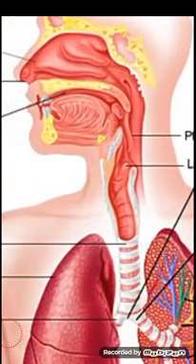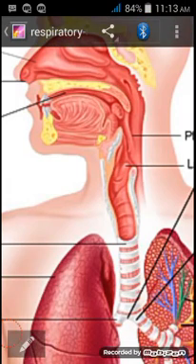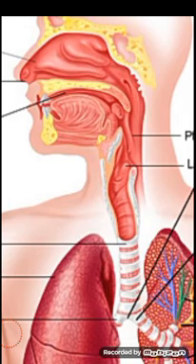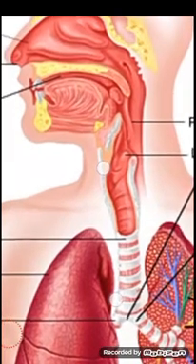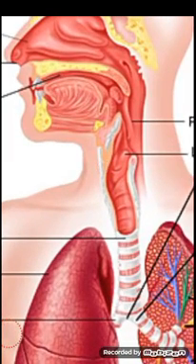Then we will study about the trachea. Below the larynx lies the trachea, a tube of 10 to 12 centimeters long and 2 centimeters wide.